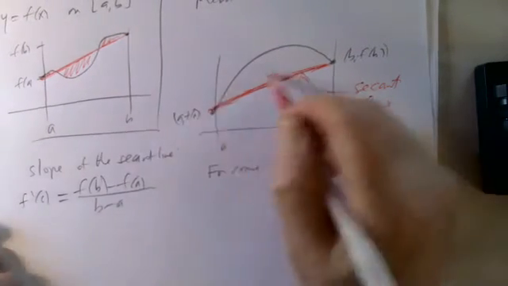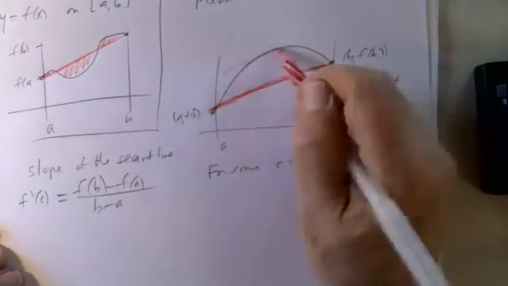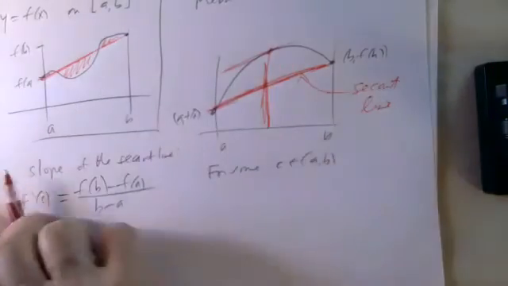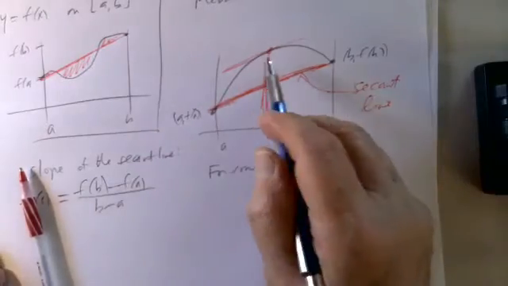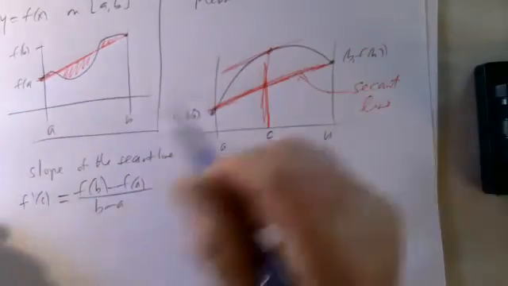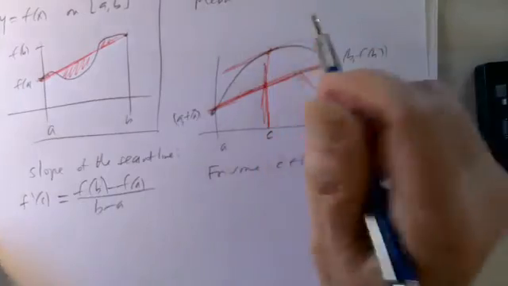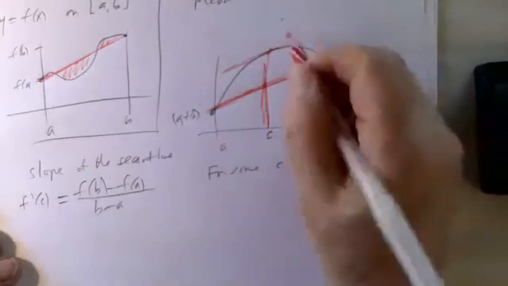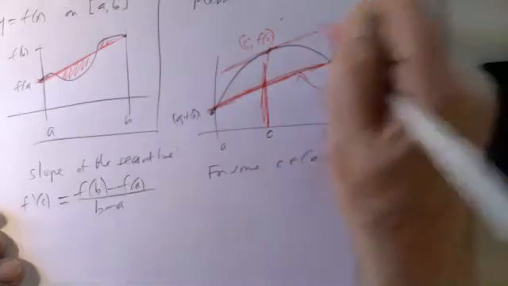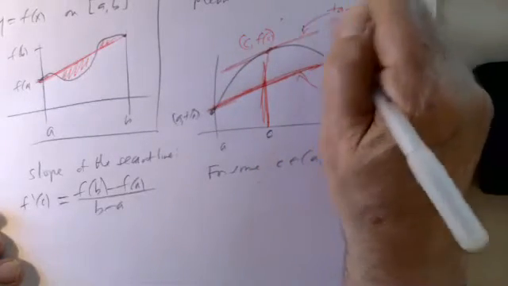What that says is there's some point C between A and B where, if you look at the tangent line, here's the point C, f of C, and this line is called the tangent line to the curve at this point.